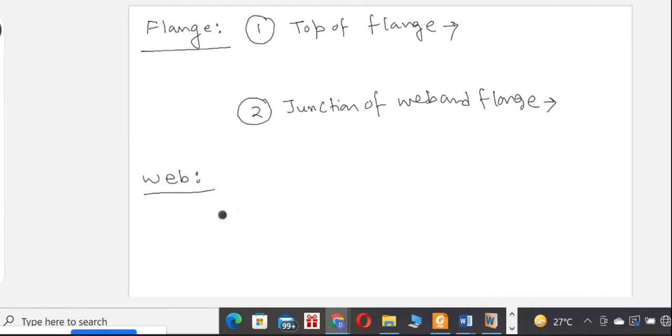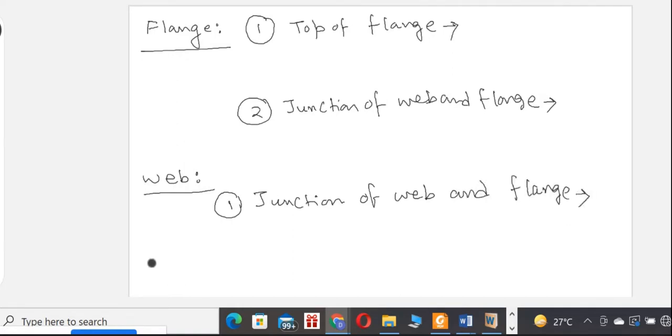For web, one portion is junction of web and flange, and second is neutral axis, because these are the 2 points.